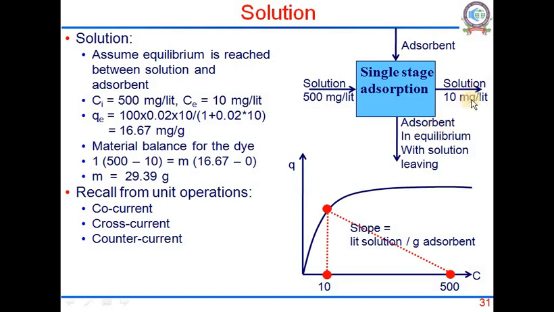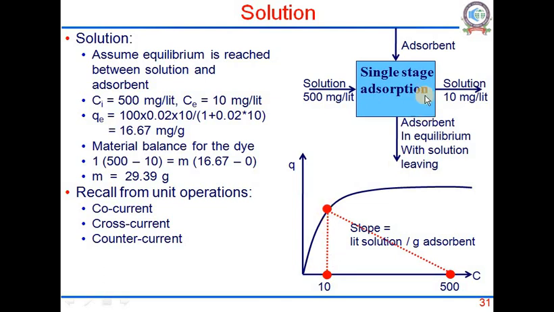For the solution leaving, we want 10 milligrams per liter. So this will be the QE value corresponding to this equilibrium, corresponding to the Langmuir. If you take the Langmuir isotherm, Qm is 100, K is 0.02 into C is 10, divided by 1 plus 0.02 into 10. That will tell you QE would be 16.67. So corresponding to this CE, QE would be 16.67.